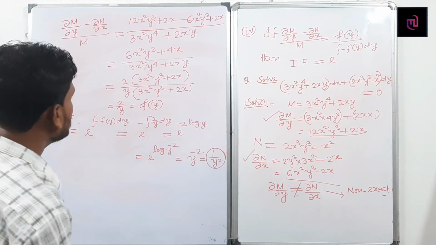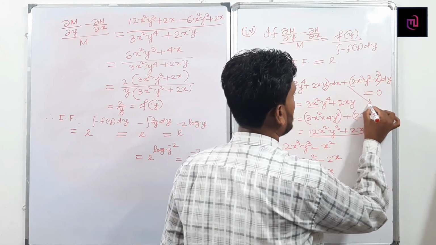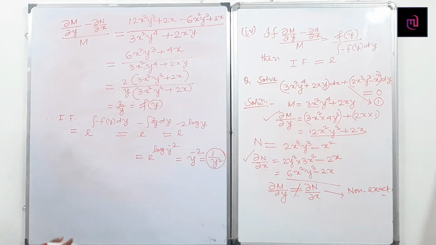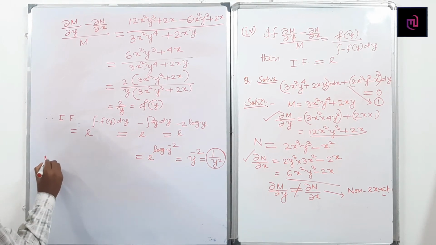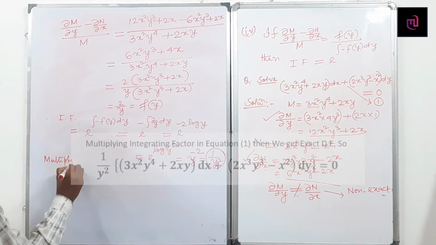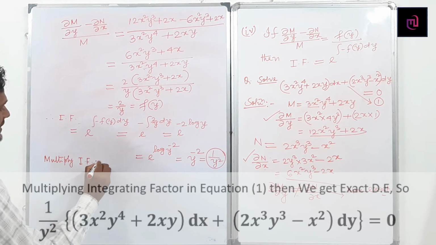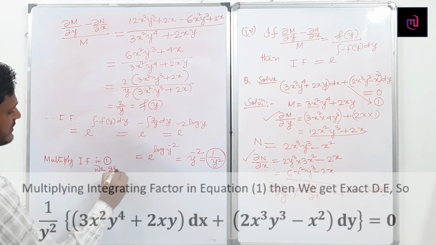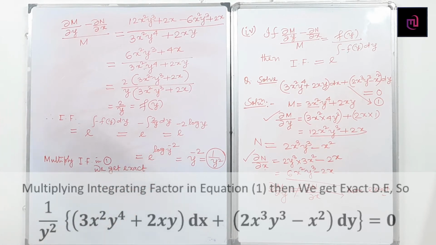Then multiplying the integrating factor in equation 1, we get an exact equation. So what is the solution?